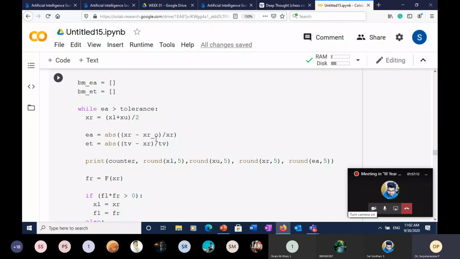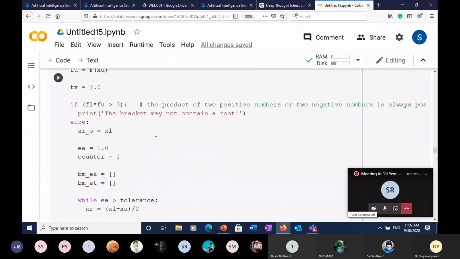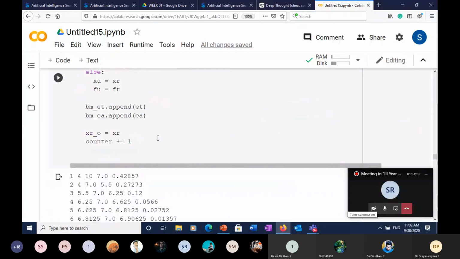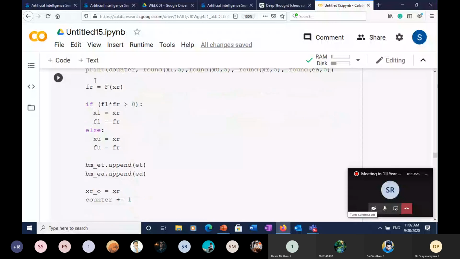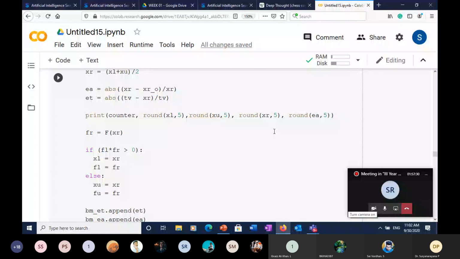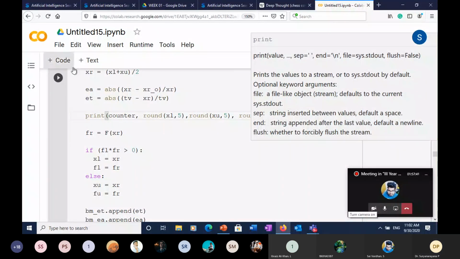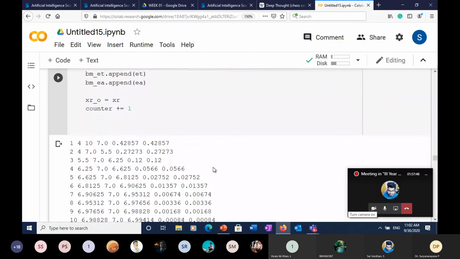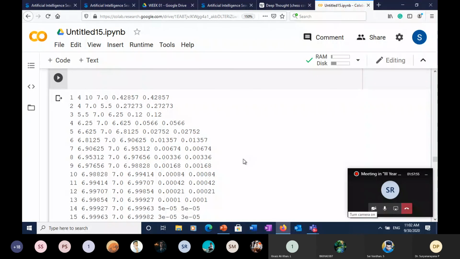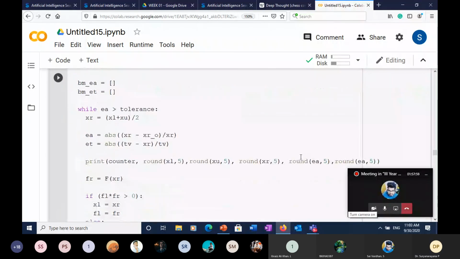True value is fine. So XR. See, this is how you may have to debug things sometimes. I forgot to change this. They're the same numbers. This is ET.